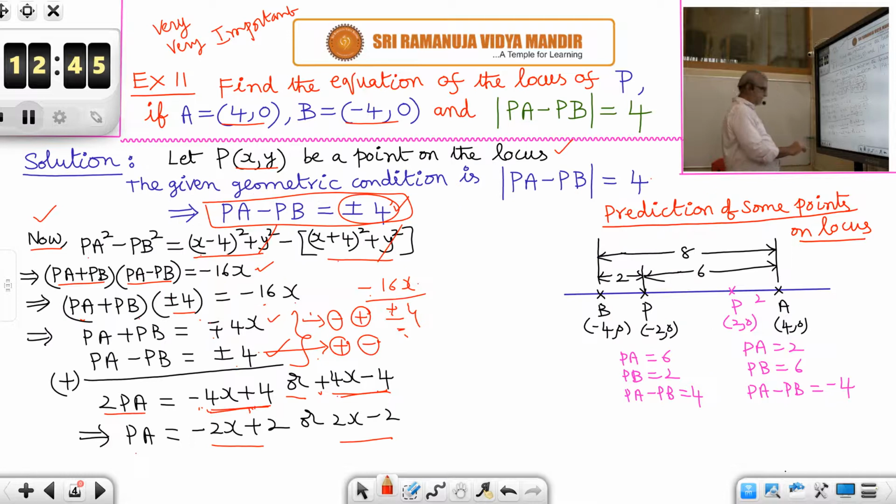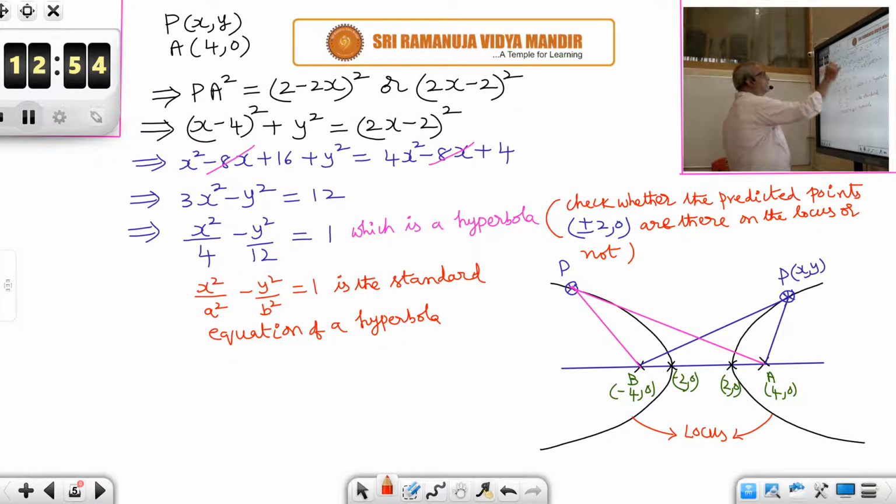Going back again, PA is minus 2x plus 2 whole square, or 2x minus 2 whole square. So, I am squaring it. You will get minus 2x plus 2 whole square or 2x minus 2 whole square. But both are same here. You know that a minus b whole square is same as b minus a whole square. So, finally, the right side is the same after squaring.